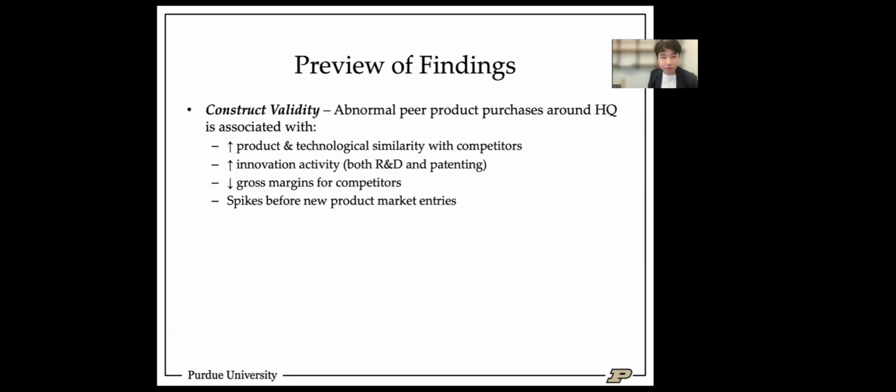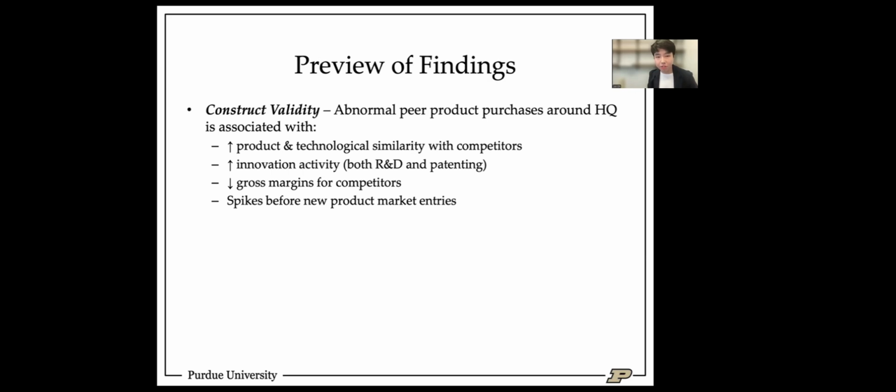Before I lose my way into these empirical results, we first want to establish construct validity. Are these abnormal peer product purchases around company headquarters really associated with things that you would potentially see with reverse engineering activities? We're going to show you that this novel measure is correlated with product similarity and technological similarity with competitors, and that it also correlates with R&D activities and patenting behavior of the companies doing this type of activity.